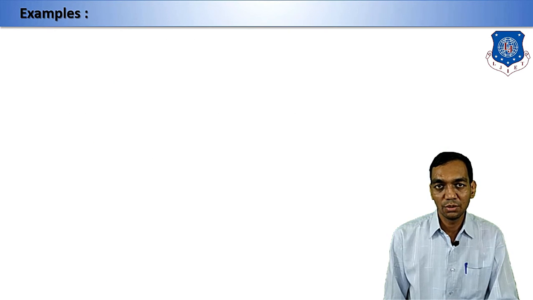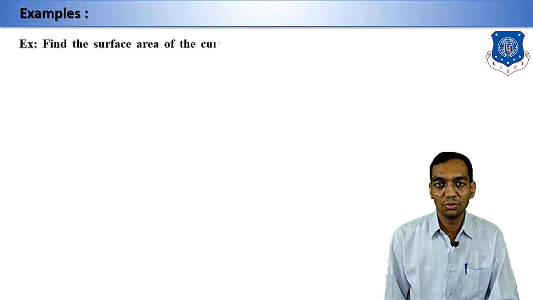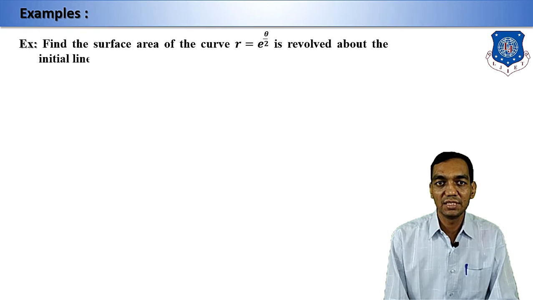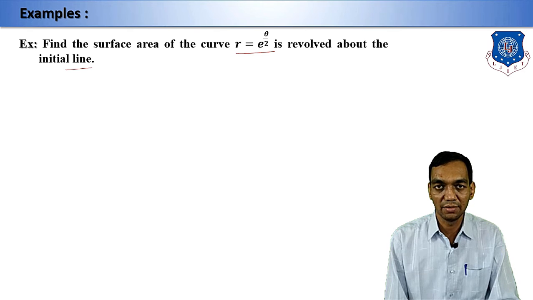Now we are going on to the example. See, we are going to find the surface area of the curve r is equal to e raised to theta by 2, which is revolved about the initial line. That means we are revolving it about the theta is equal to 0 line.